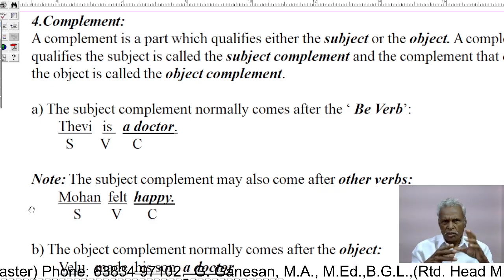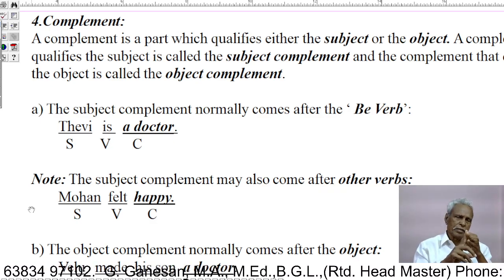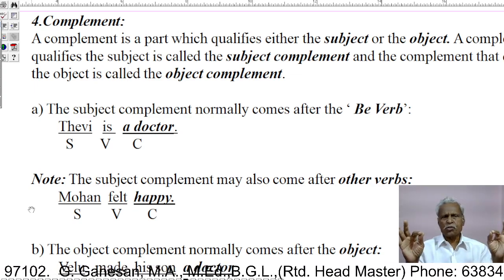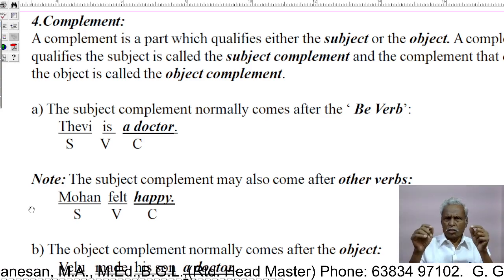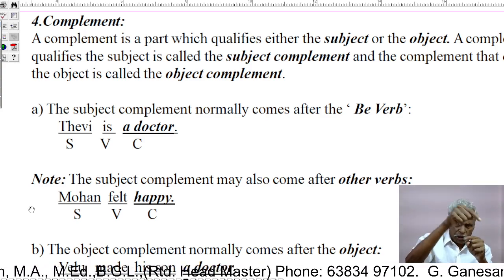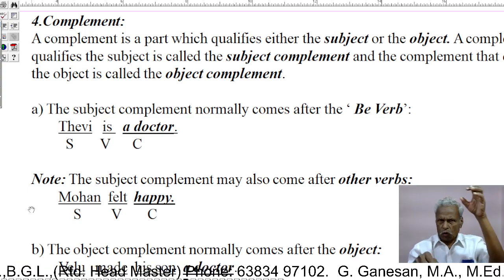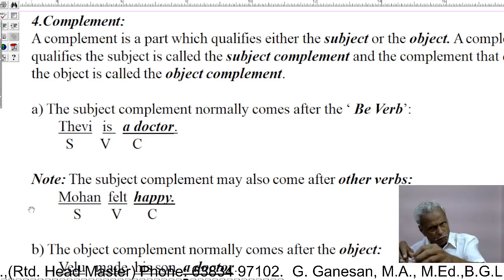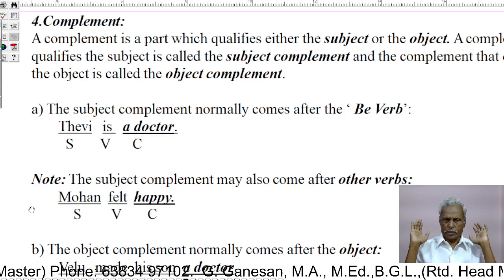In English, there are two complements. One is subject complement, another is object complement. What is subject complement? The complement that qualifies the subject is called subject complement. The complement that qualifies the object is called object complement.